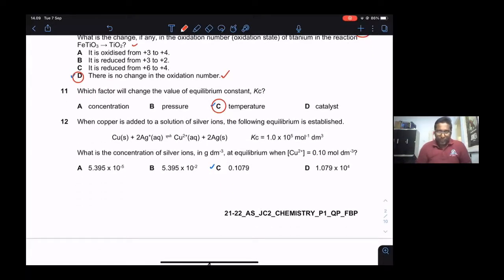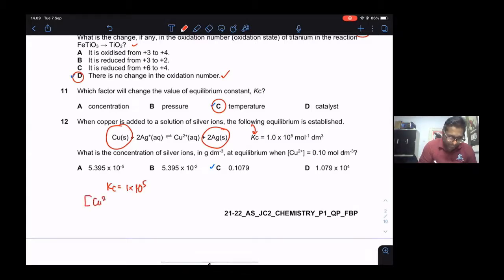Now for the next question, do remember, if I'm using Kc, I need to ignore the solid. Remove the solid. So Kc is going to be 1 times 10 to the power of 5. You just need to put the expression: Cu2 plus divided by Ag plus to the power of 2 equals 1 times 10 to the power of 5. Now you have the value 0.1, so you put 0.1 divided by Ag plus to the power of 2, 1 times 10 to the power of 5.